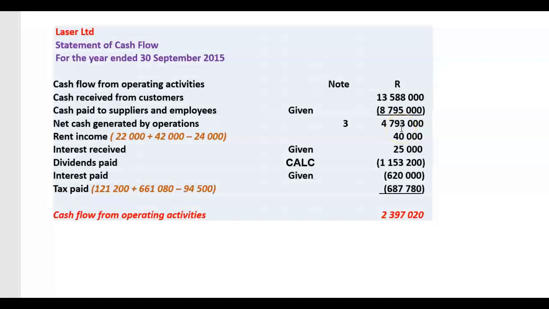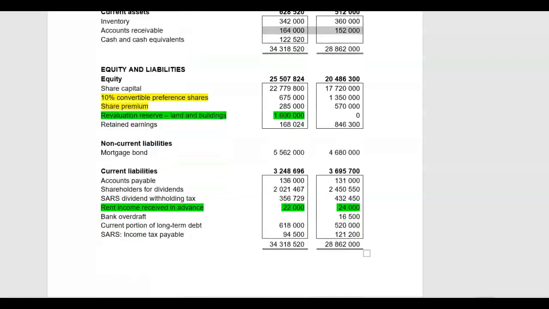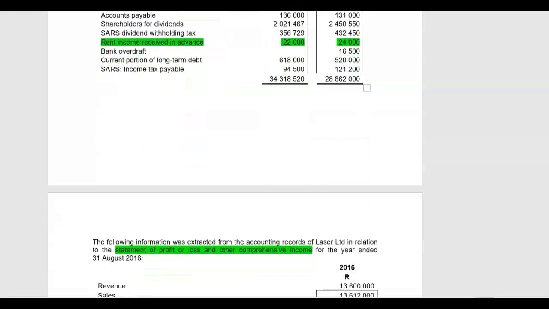Now, because a lot of the non-cash flow items is actually in our property, plant and equipment accounts, let's do our property, plant and equipment accounts first. Land and buildings. Opening balance, 18.5 million Rand. Closing balance, 24.1 million Rand. We've also seen that there was a revaluation of land. So on the debit side, revaluation account, 1.6 million.